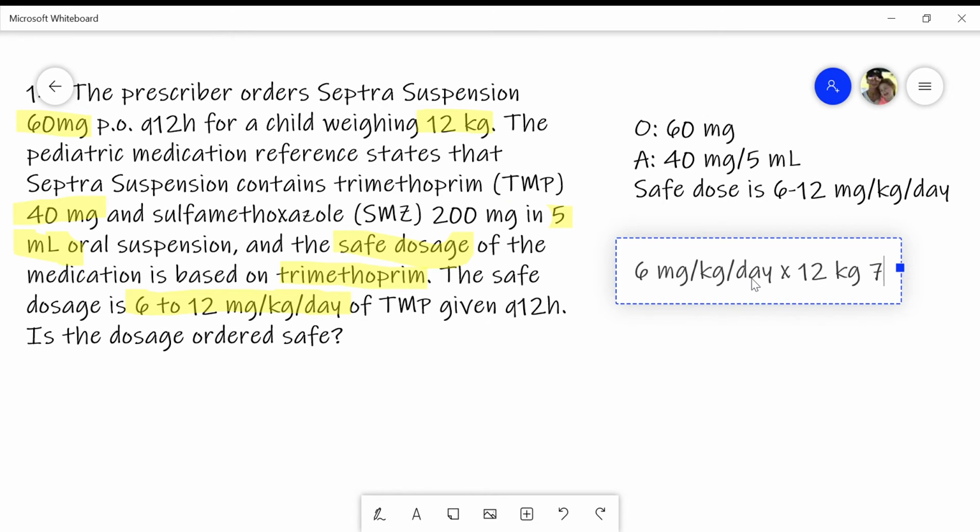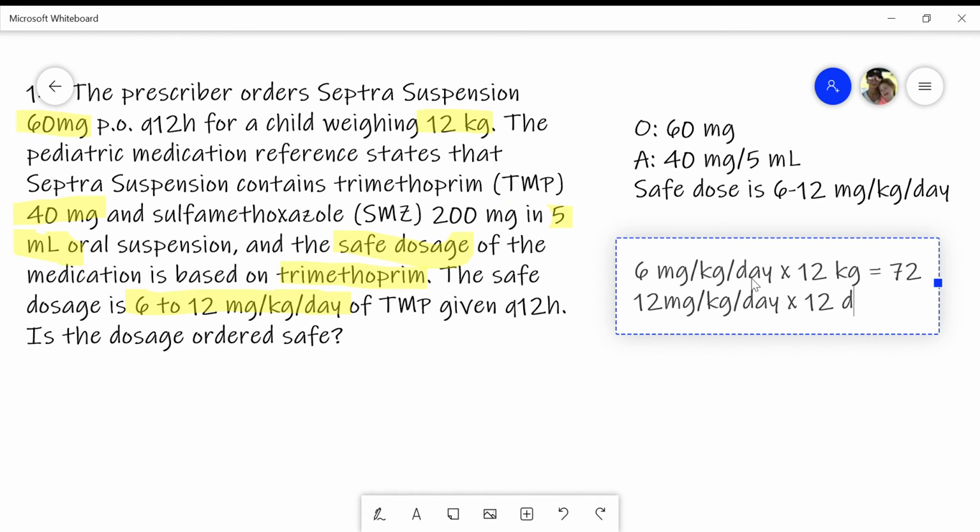So that's our dose in 24 hours. That is the minimum safe. And if we do 12 milligrams per kilogram per day and multiply it by our child's weight, which is 12 kilograms, that should be 144 milligrams.